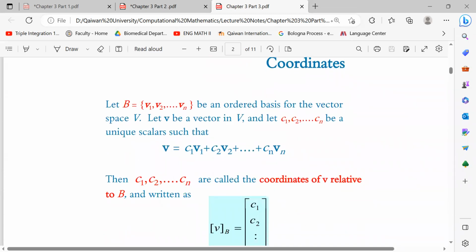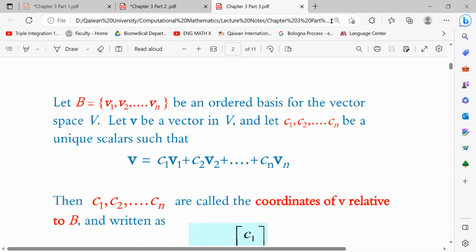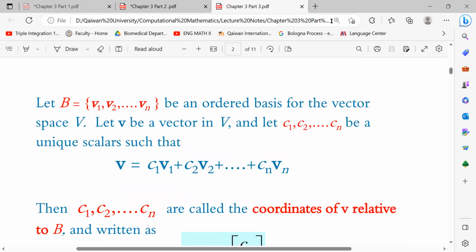Here, we say, let B be v1, v2, up to vn, an ordered basis for the vector space V. B is a basis for V. And in B, we have n vectors, v1, v2, up to vn.